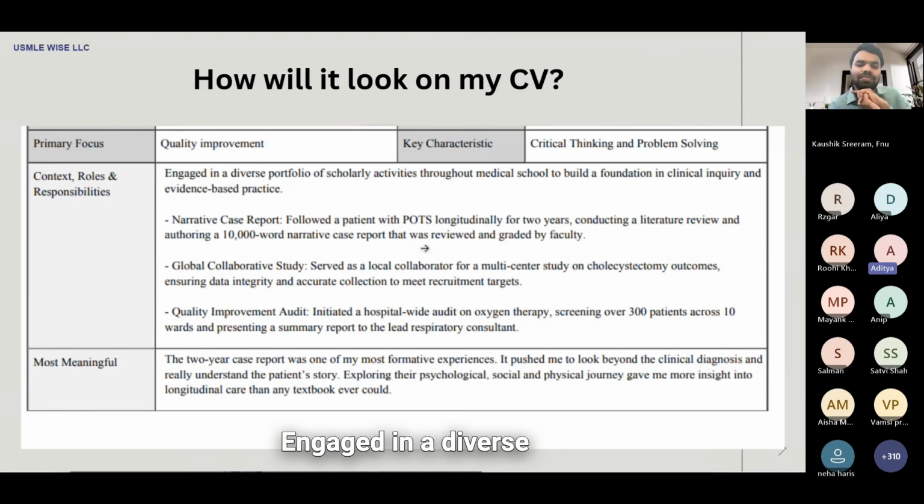Engaged in a diverse portfolio of scholarly activities throughout medical school to build a foundation in clinical inquiry and evidence-based practice. Narrative case report: followed a patient with POTS longitudinally for 2 years, conducting a literature review and authoring a 10,000-word narrative case report that was reviewed and graded by faculty.